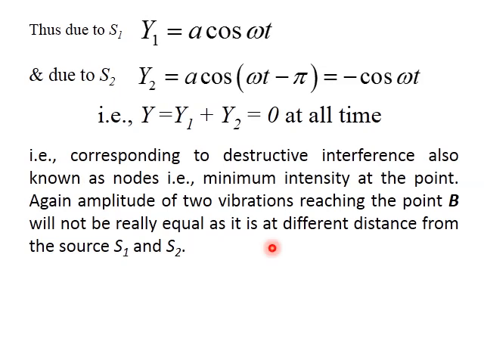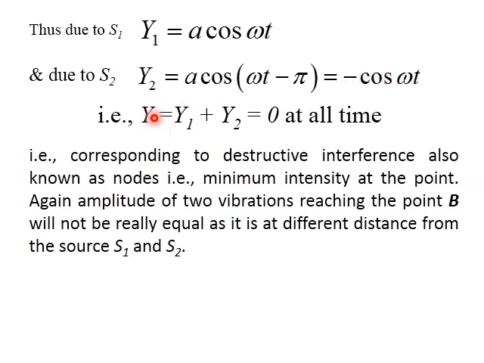So thus, due to S1 we have y1 is equal to a cos omega t, and due to S2 we have y2 is equal to a cos omega t minus pi. So these two are out of phase by pi. So a cos omega t minus pi is what? Basically a, consider a here also, a cos omega t minus of a cos omega t.